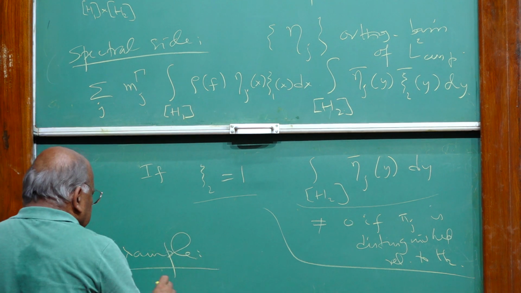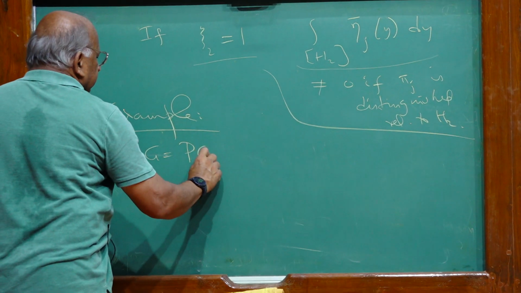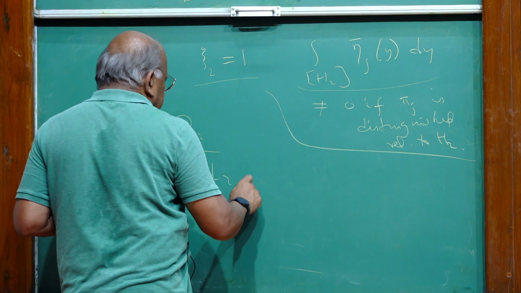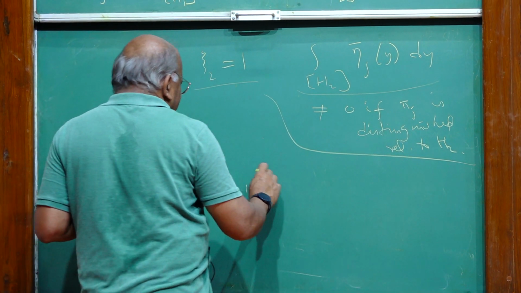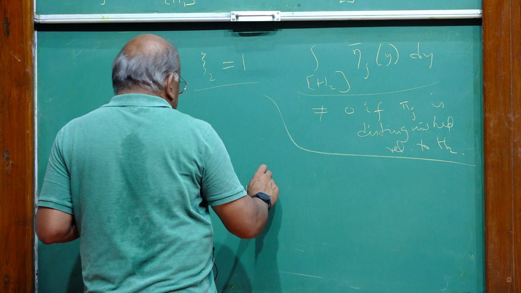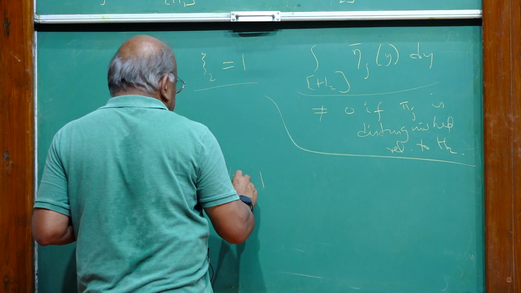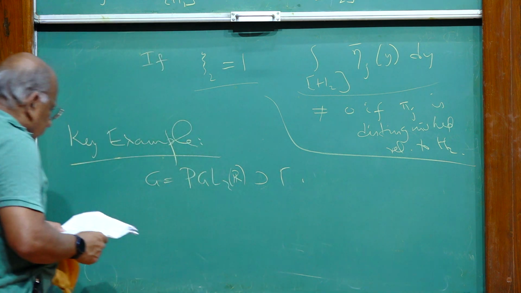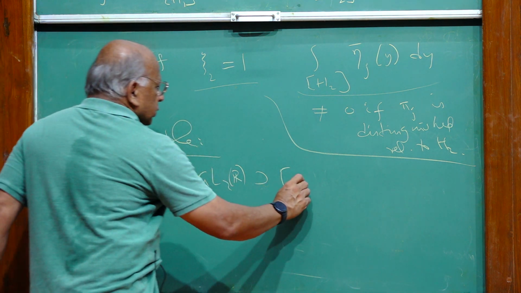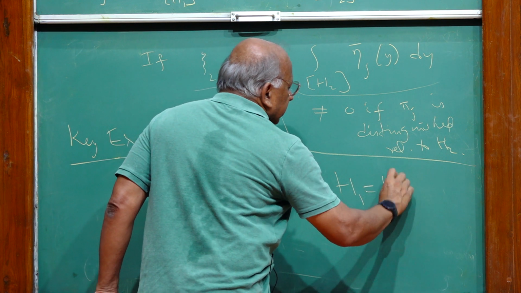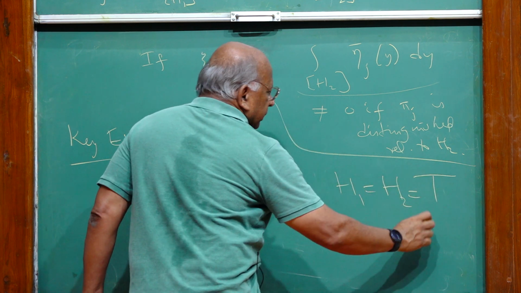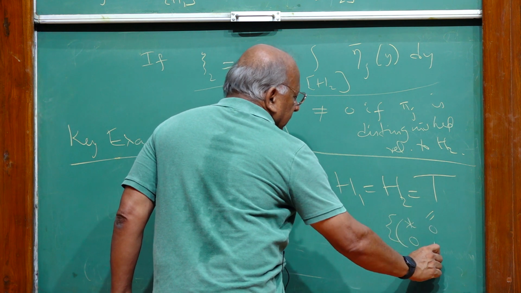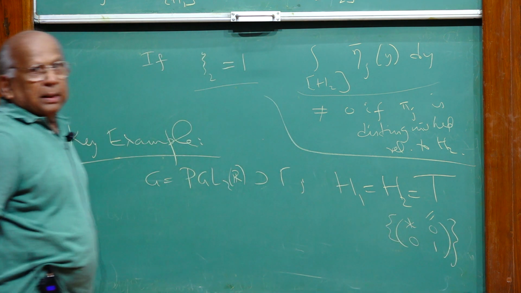So suppose you take G to be PGL2, so PGL2 of R, say, with a congruence subgroup. Then I'm going to take H1 and H2 to be both equal to just the torus, which is the image of this one. This is a very simple thing.